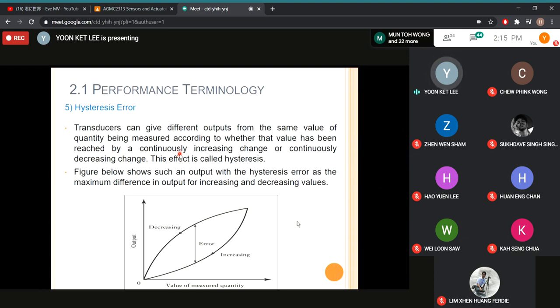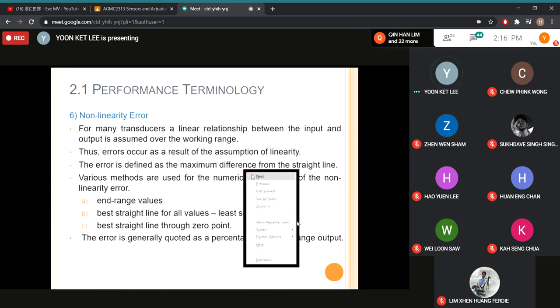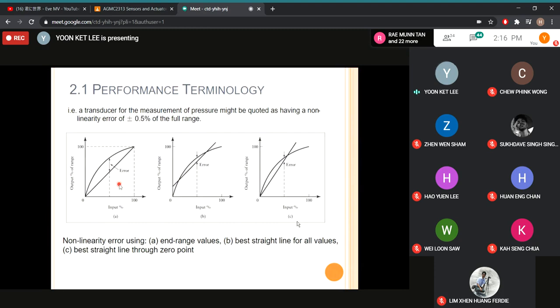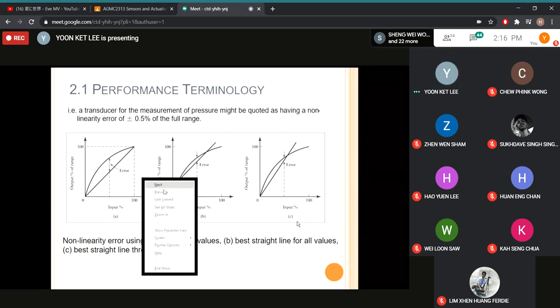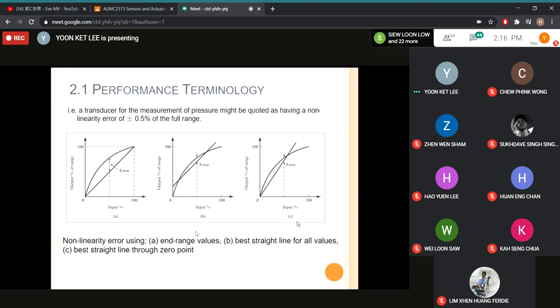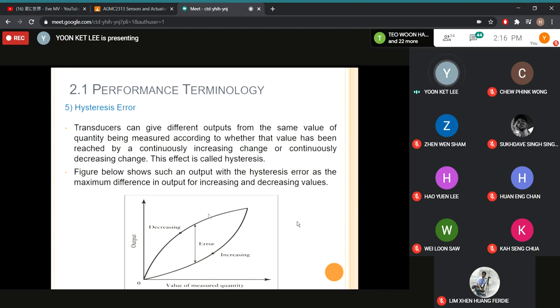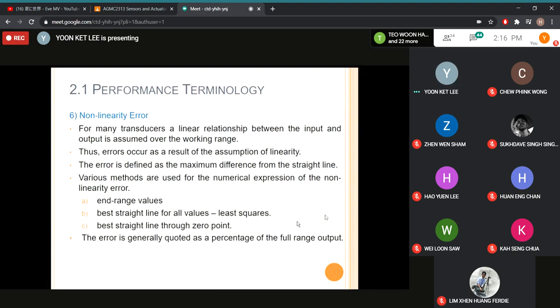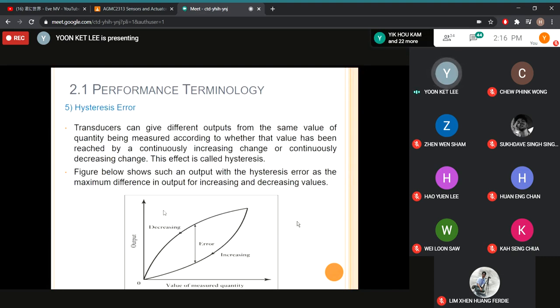This is another error that we call hysteresis error. Hysteresis error might have a few types. What happens is, even if we have two points, this is the point that we want, and this is the measured one.